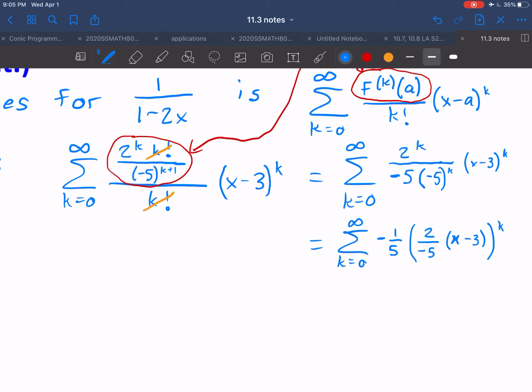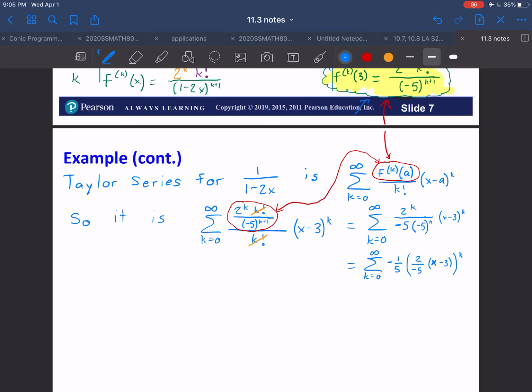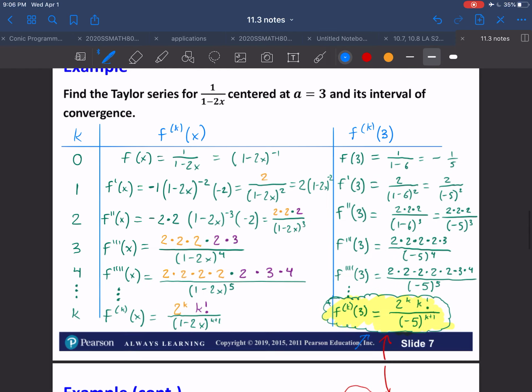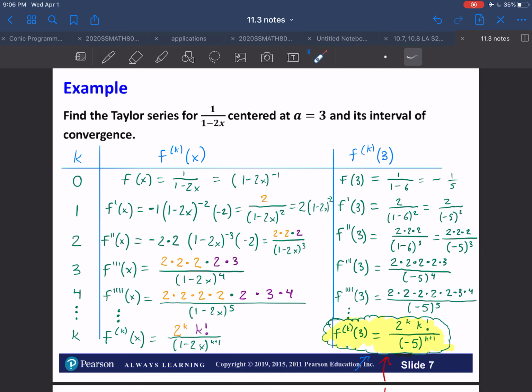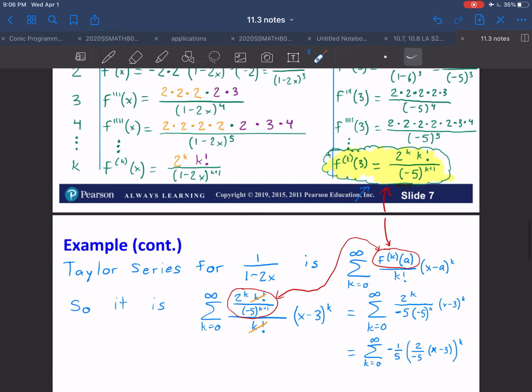And so this is the Taylor series for our function. It is precisely the Taylor series for this function.